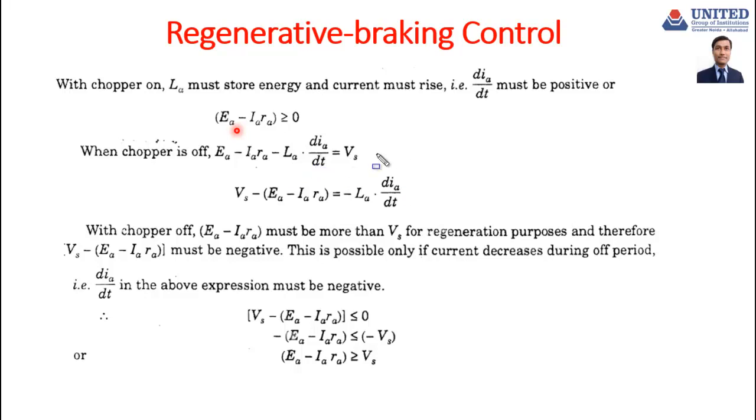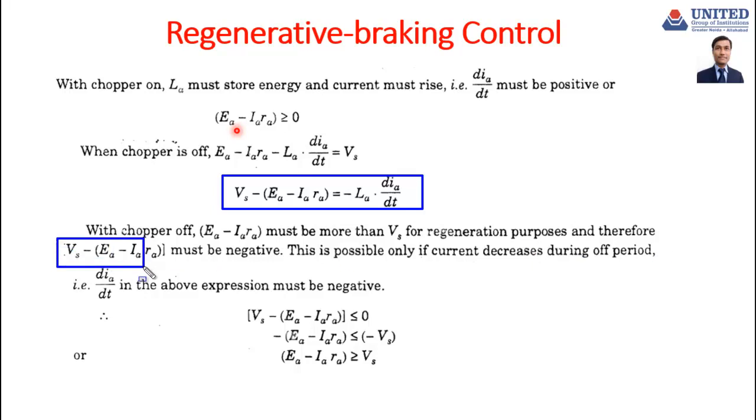to Vs. From this equation we get Vs minus Ea plus IaRa is equal to minus La into d by dt of Ia. With chopper off, Ea minus IaRa must be more than Vs for regeneration purposes. Therefore this relation Vs minus Ea plus IaRa must be negative, and this is possible only if the current decreases during turn off period.